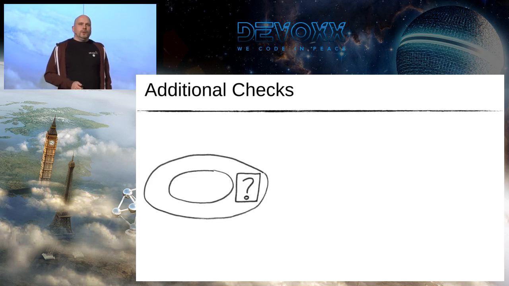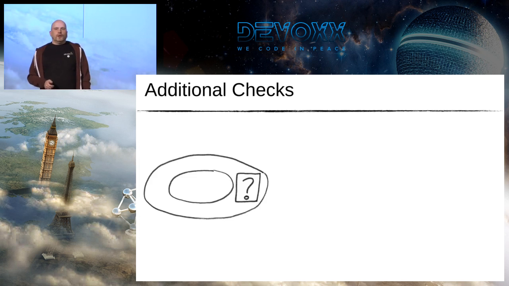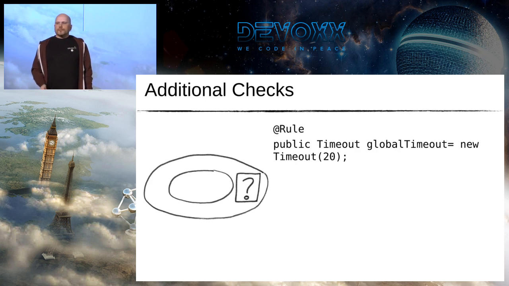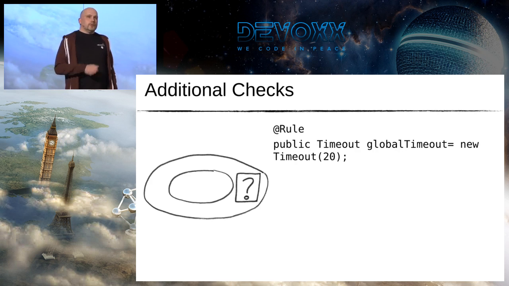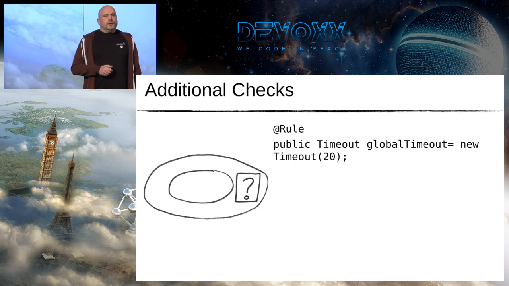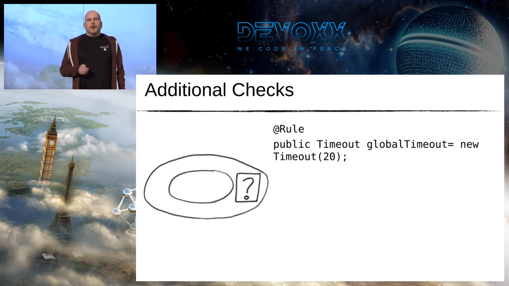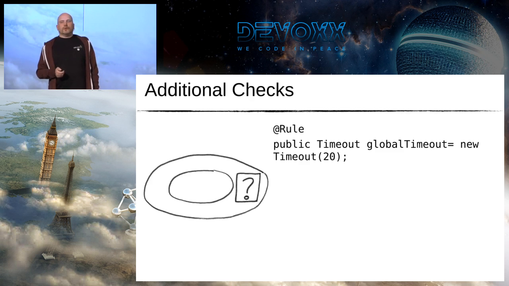Another common example is additional checks. There are actually a couple of rules that come with JUnit. One of them is timeout. You pass it a time limit in milliseconds in the constructor, and a test is only allowed to use that many milliseconds of time.